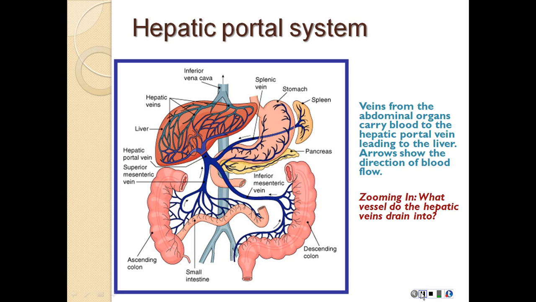You know every part of the body has a purpose. Very good. So these digestive organs, some of the foods we eat have toxins that the body wants to inspect and filter before sending it on through the body. In fact, a lot of the medications that we take have to be tested, because if you take a medication orally, it goes to your digestive organs, and then it goes to the liver.